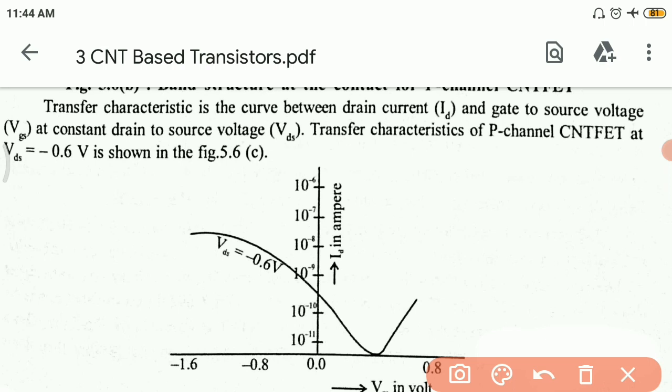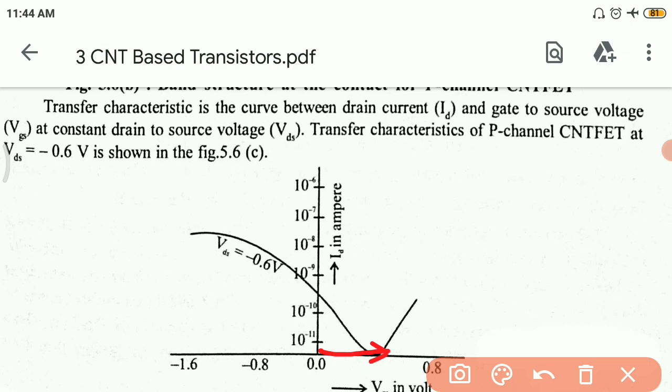From this transfer characteristic, it is clear that there is a little bit of conduction when the gate-to-source voltage, VGS, is positive. However, this conduction is very small and not enough to turn the transistor on.